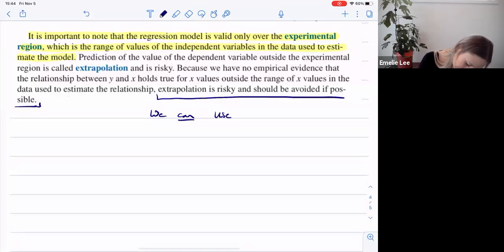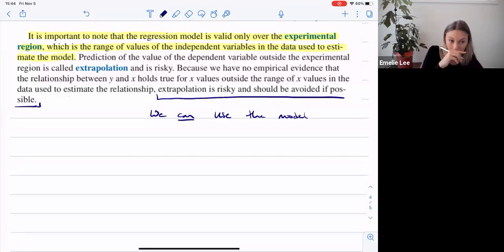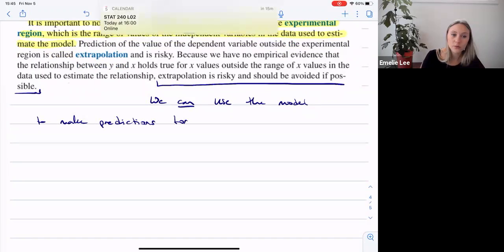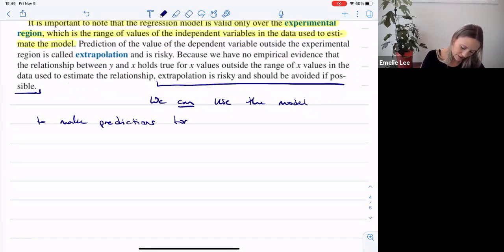We can use the model to make predictions for any value of x.